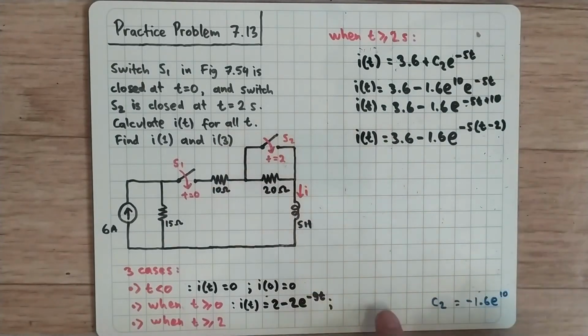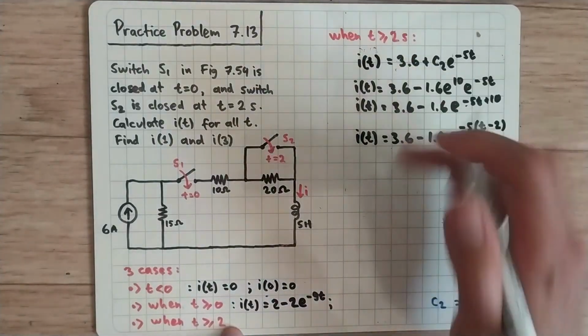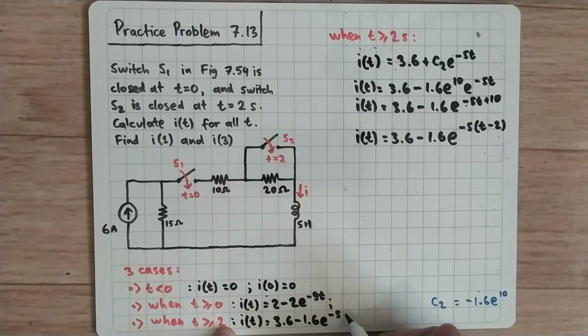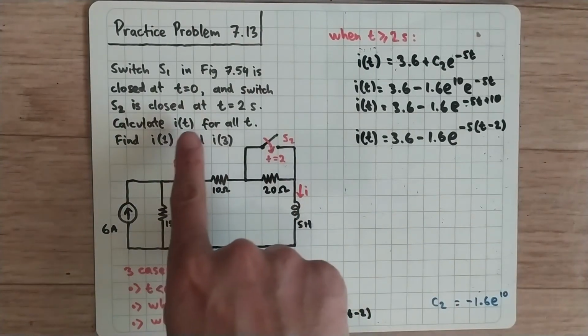So this is when t is greater than or equal to 2 seconds. So I will have this one, it is 3.6 minus 1.6 e to the minus 5 times t minus 2. So we answer, calculate it for all t.